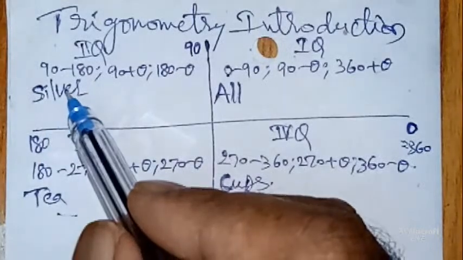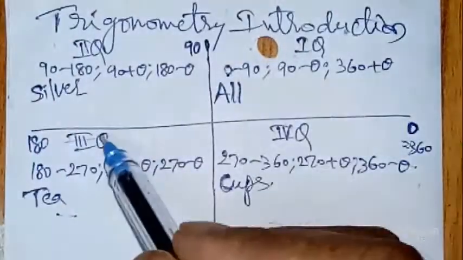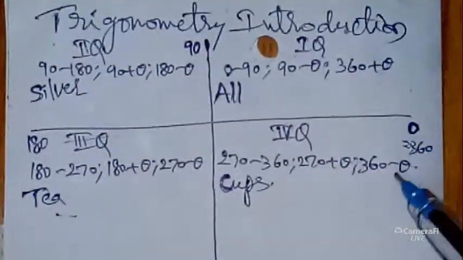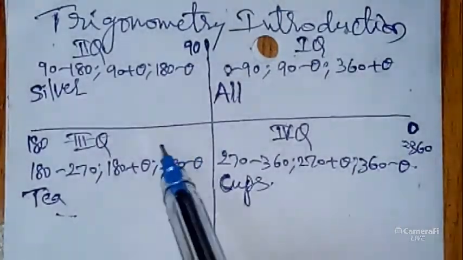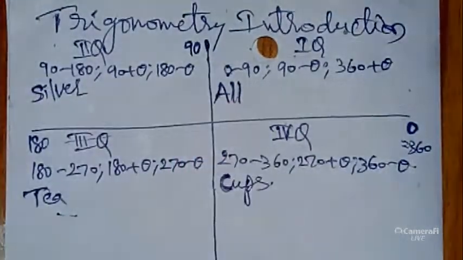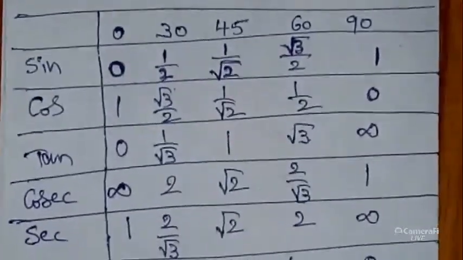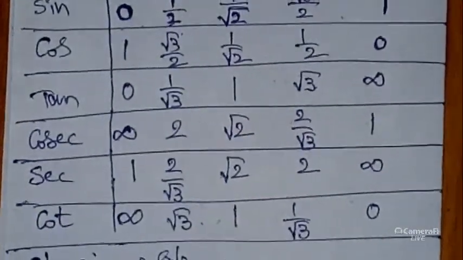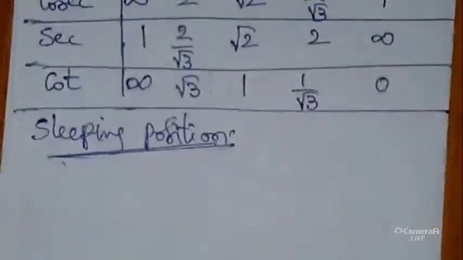Either 180 minus theta or 180 plus theta, you can take as sleeping position, and 360 minus theta, 360 plus theta values you can assume as sleeping position. So according to this concept I wanted to assume sleeping position.